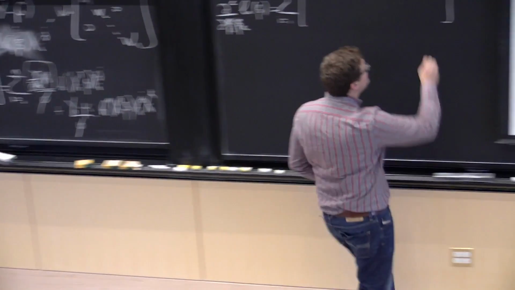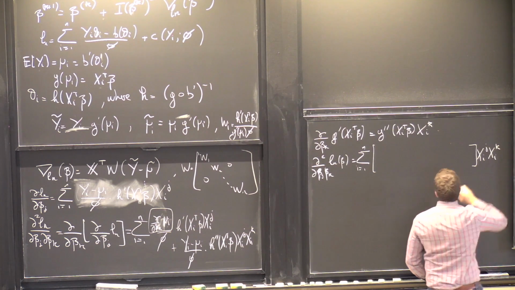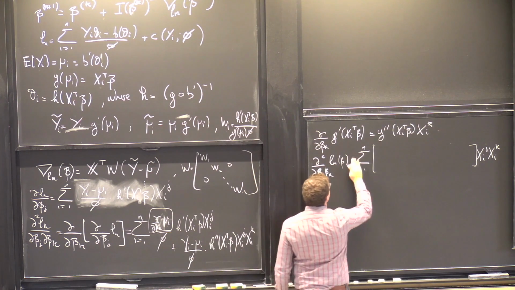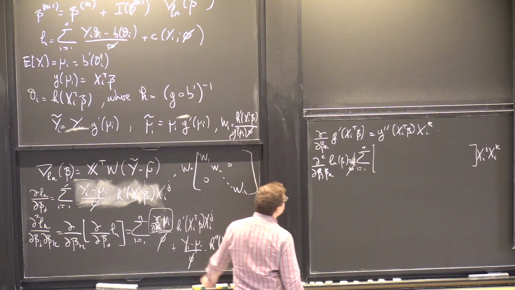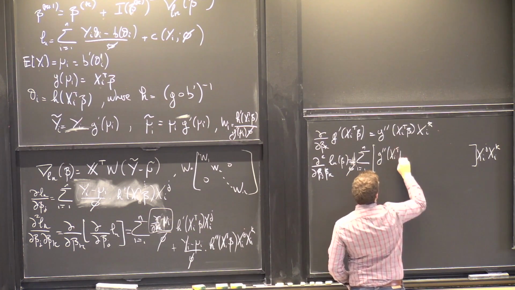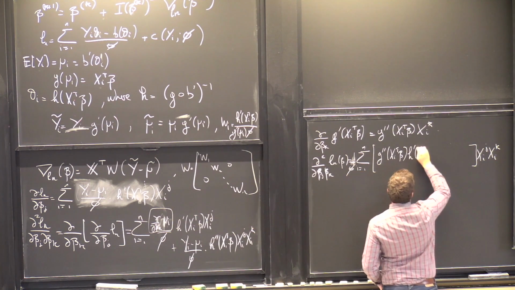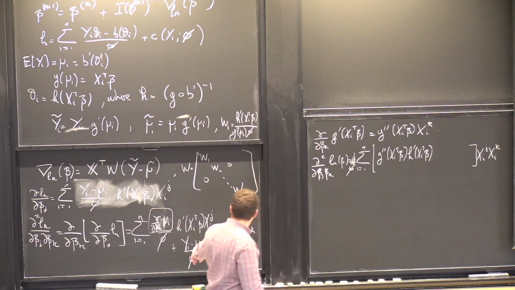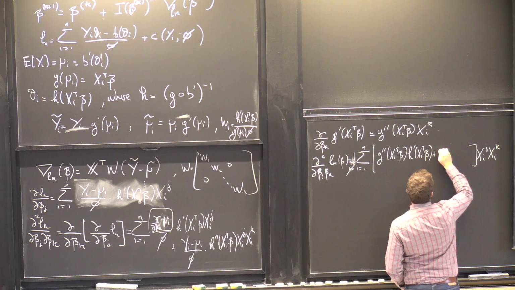So everybody here is xij, xik. Now I just have to take the terms that I have here. The 1 over phi I can pull out in front, and I'm left with the second derivative of g times the first derivative of h, both taken at xi transpose beta. And then I have this yi minus mu i times the second derivative of h taken at xi transpose beta.